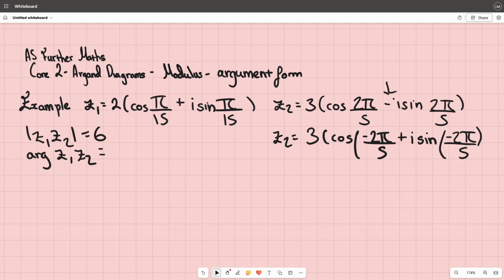So pi over 15 plus, well, minus 6 pi over 15, because we have minus 2 pi over 5, is equal to minus 5 pi over 15.